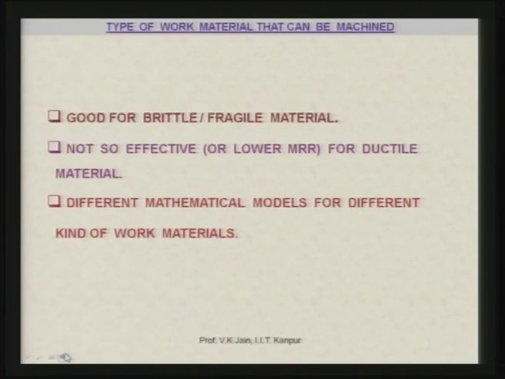Now, theoretical calculation of material removal rate in case of AGM is also important, and different researchers have proposed different models separately for ductile materials and brittle materials. I will just tell you very briefly about two models proposed by two different researchers, one for ductile material, another for brittle material.